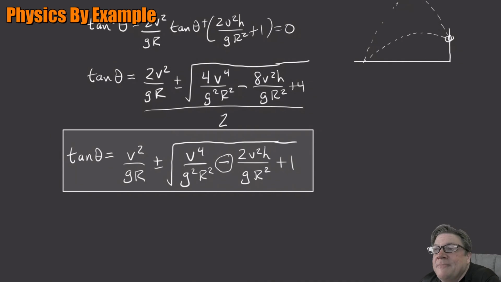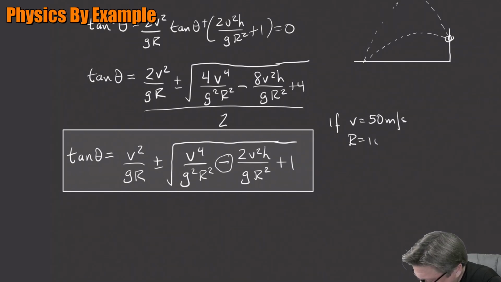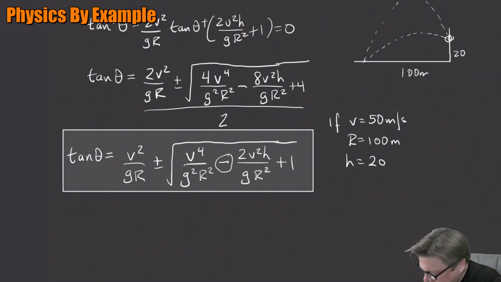That's kind of cool. For example, just to verify, V is like 50 meters per second, R is 100 meters, H is 20. So if we're trying to hit something 20 meters high and 100 meters away, and you're launching at 50 meters per second, what's the angle that you have to aim your gun?